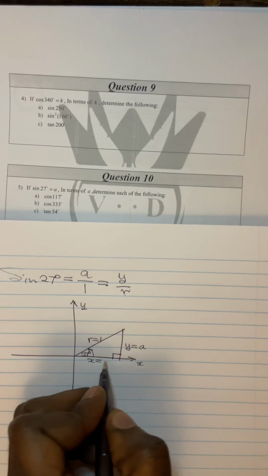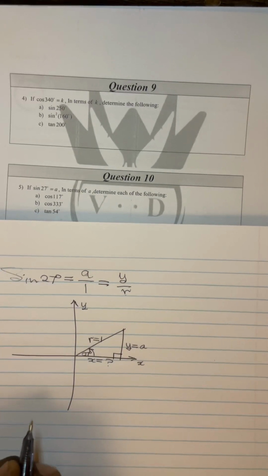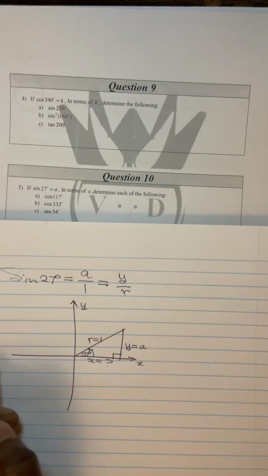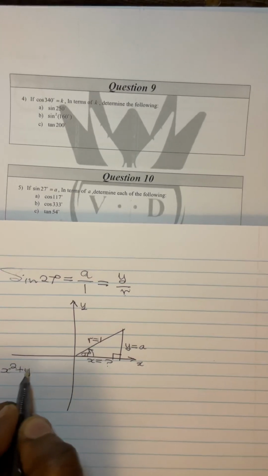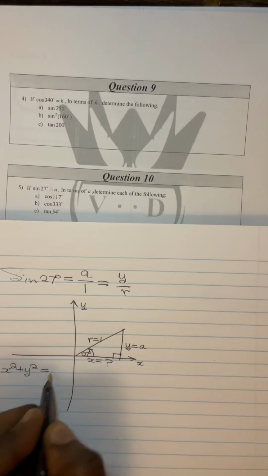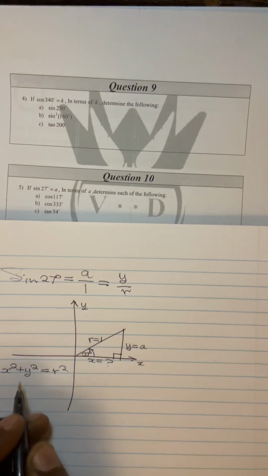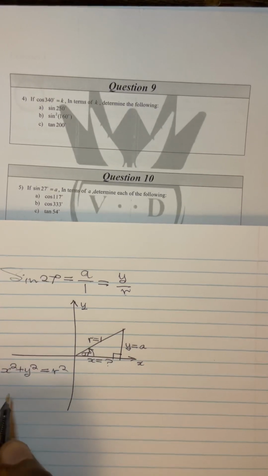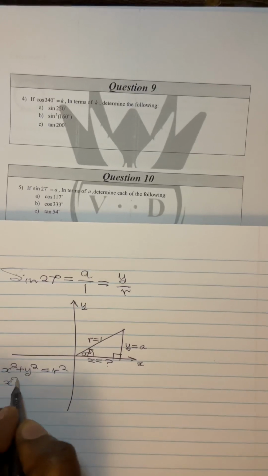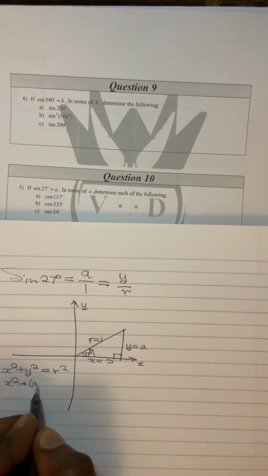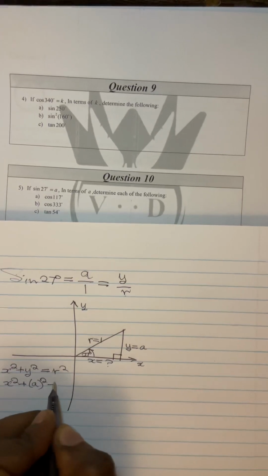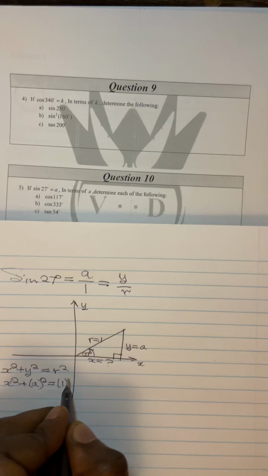So let's calculate our unknown, which is x. In order to calculate the value of x, we basically have to use Pythagoras theorem. We have x squared plus y squared, which equal to r squared. Therefore, we have x, which we are solving for, plus our y is equal to a, equal to our r is equal to 1.